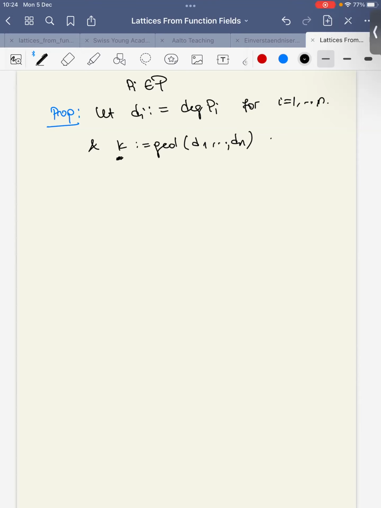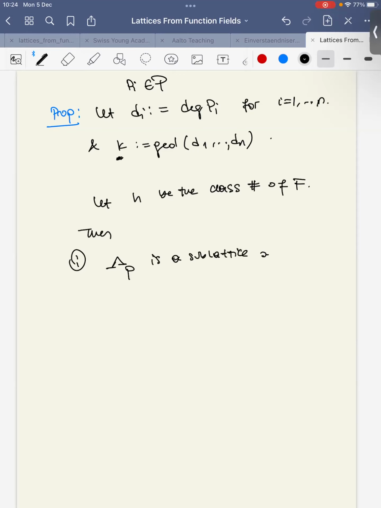And let h be the class number of F, then the function field lattice is a sublattice of A_{n-1}.